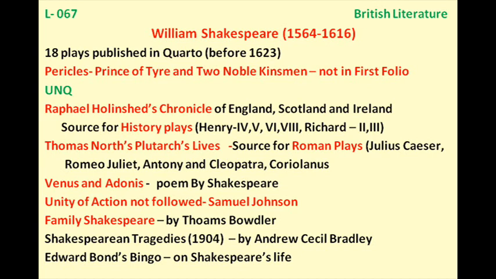And earlier, before the First Folio, 18 plays were published in quarto. Okay, first, how it used to happen actually. The plays were performed by the actors mostly because it was for performance, not for reading. But when the play was performed and later published in the form of a book or so, his first 18 plays were published in the form of quarto.